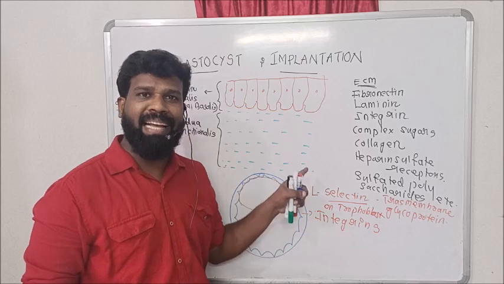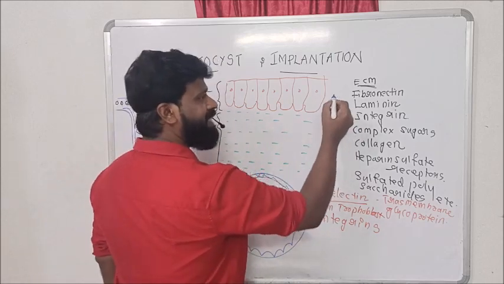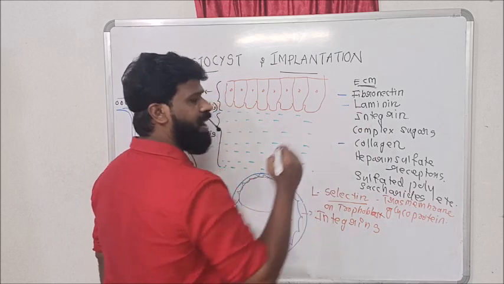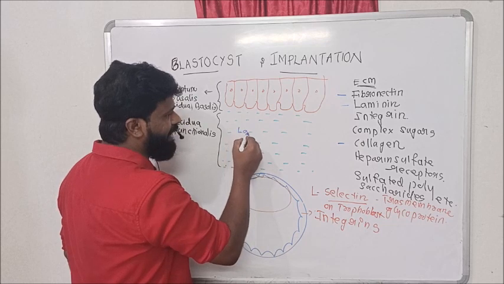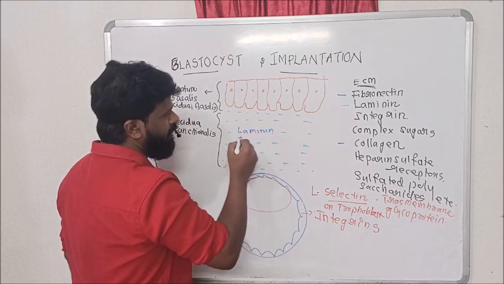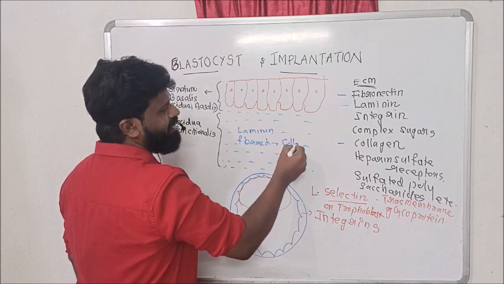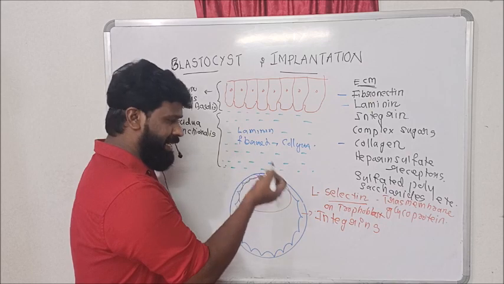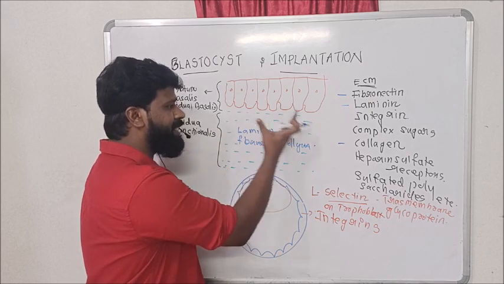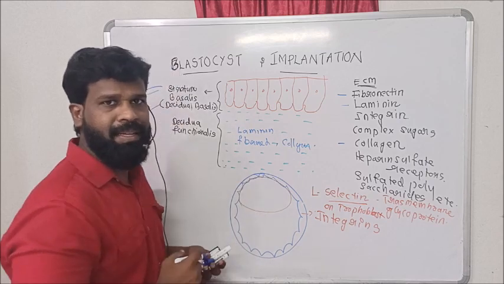This integrin then binds to the uterine laminin, fibronectin and collagen proteins. So the trophoblast cells secrete integrin, which helps to bind these extracellular matrix proteins of the uterus.